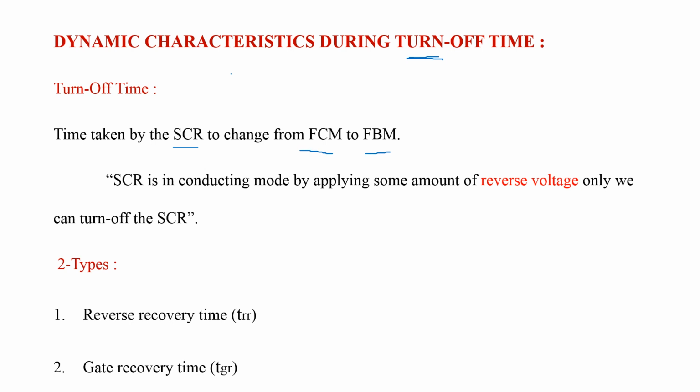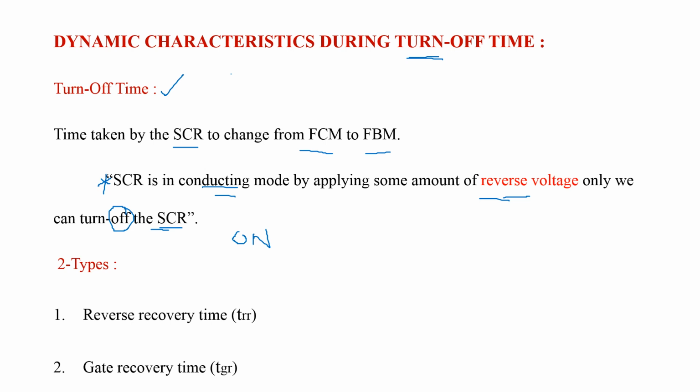Now this point is very important: once the SCR is in conducting mode, by applying some amount of reverse voltage only we can turn off the SCR. Why? Because SCR is a controlled on and uncontrolled off device, meaning by using some amount of reverse voltage only we can turn off the SCR.